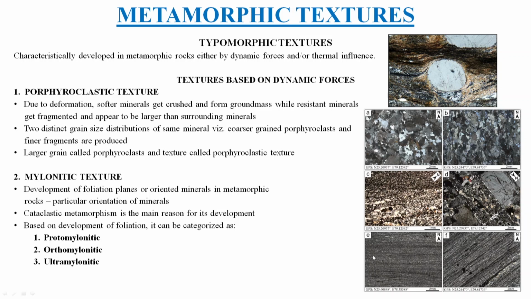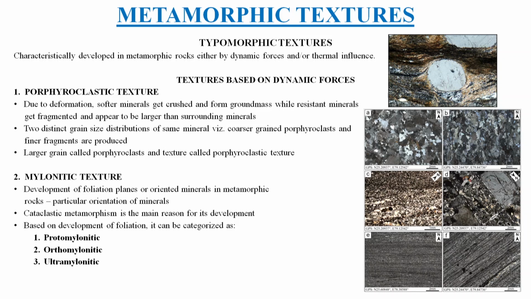So, you have a very well defined planar fabric or lines you can see on this particular section. These lines are defining your planar fabric that is present in this particular metamorphic rock. So, in this case this will be your ultramyelonite or ultramyelonitic texture. You can say it is a matter of the percentage of the matrix minerals. If it is very less, then it will be considered as protomyelonite.